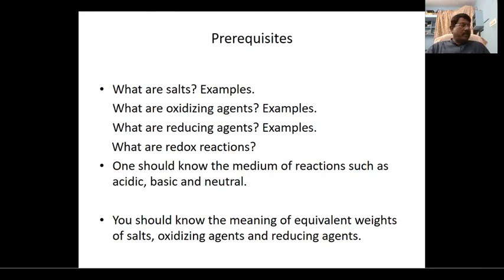Some of the reactions occur in different media, for example, acidic or basic or neutral. And also you should know the meaning of equivalent weights of salts, oxidizing agents and reducing agents.